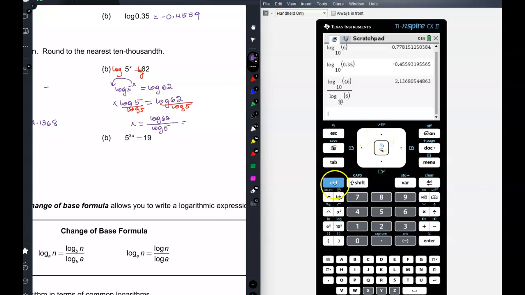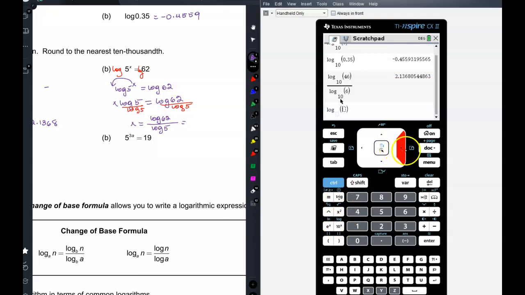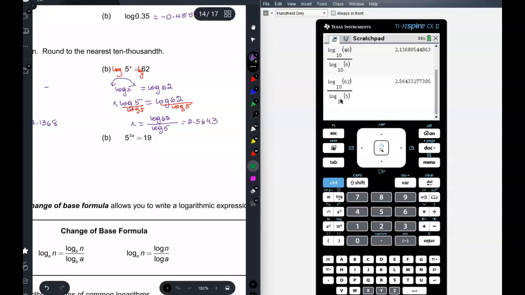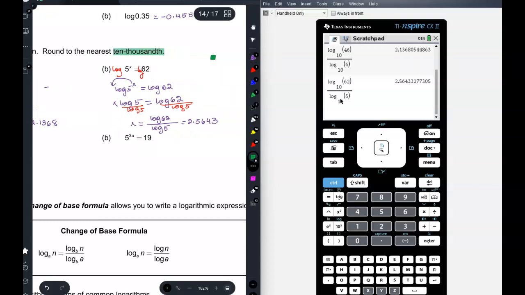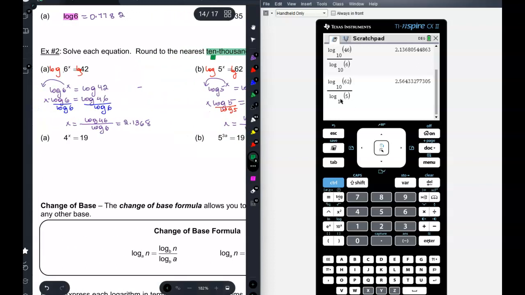So here, log 62 over log 5, 2.5643. Right? We're going to the 10,000, so that's 4 decimal places, 5643. Okay, next one.